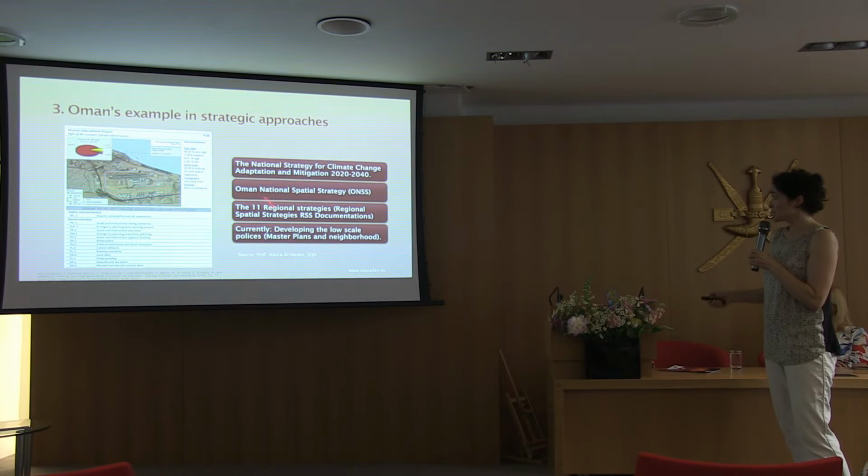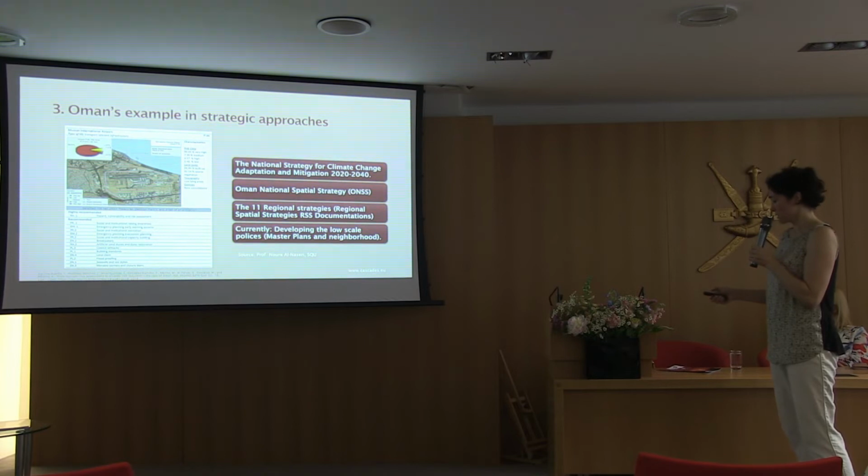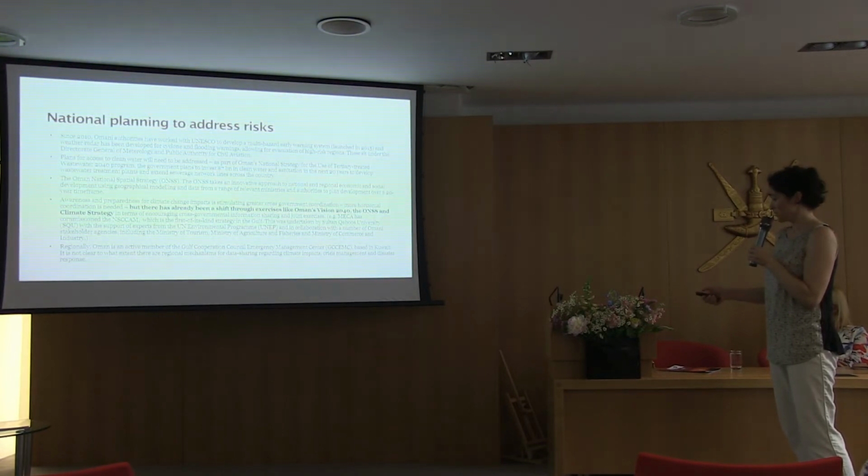And there is also this development going on of subscale policies like master plans for neighbourhoods. The national strategy for climate change adaptation and mitigation is, I think, the first of its kind in the region. I've not seen another one that takes on this breadth of issues and that works at the local spatial level.